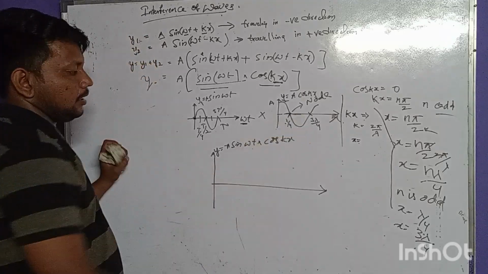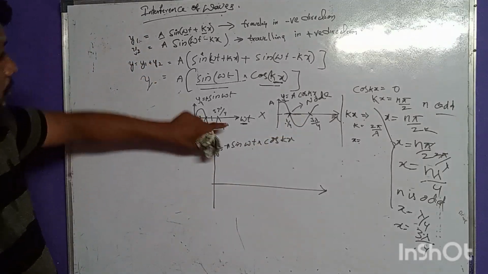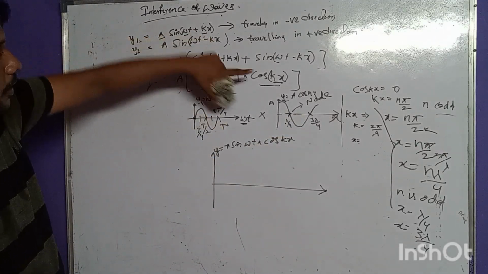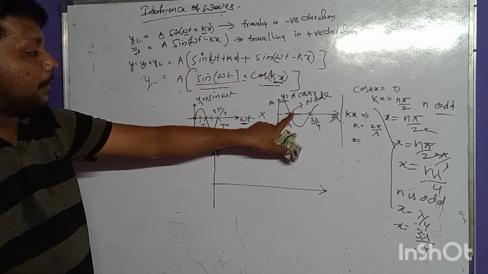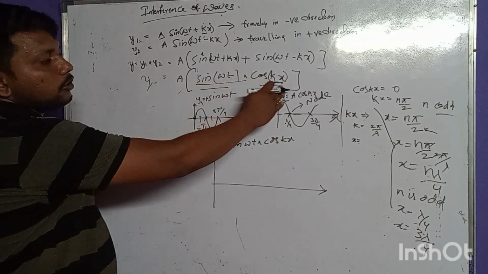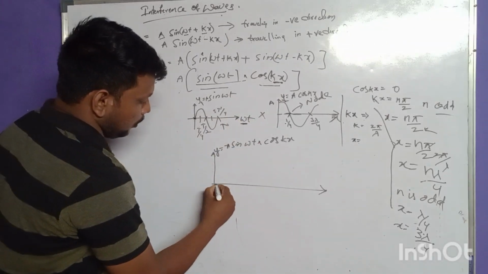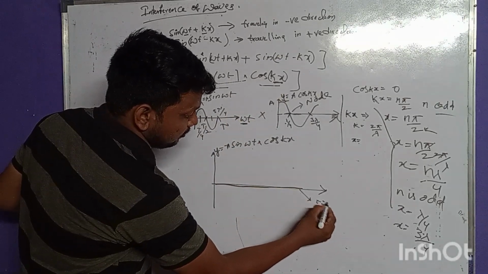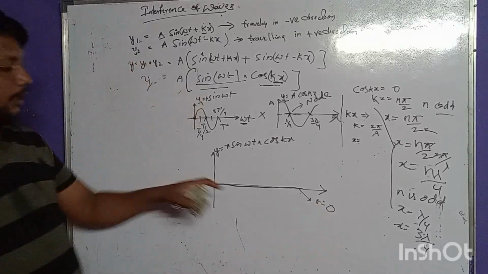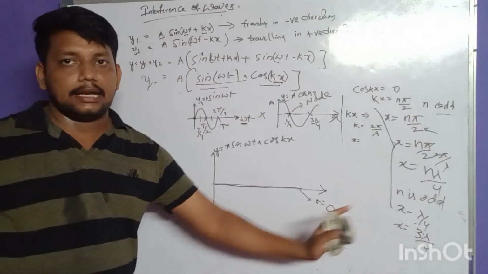This is cos kx. At t is equal to 0, this term is 0, right? This term is present, but 0 into something is 0. So t is equal to 0. This line is t is equal to 0. At t is equal to 0, a straight line.